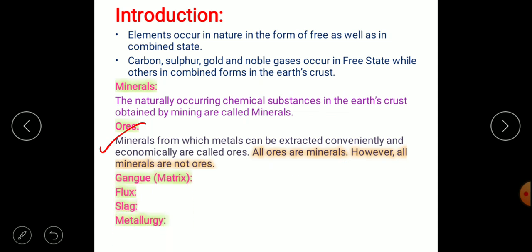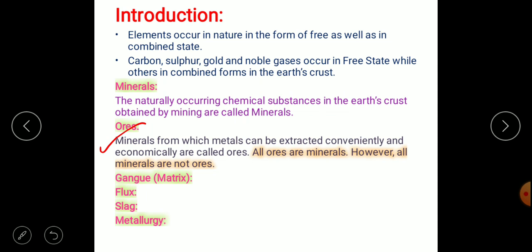Some of the other important terminologies: gangue means unwanted impurities, you can call it an impurity. Flux is a substance that is added to the molten metals to bond with the impurities. Slag is also a waste material which can be removed.